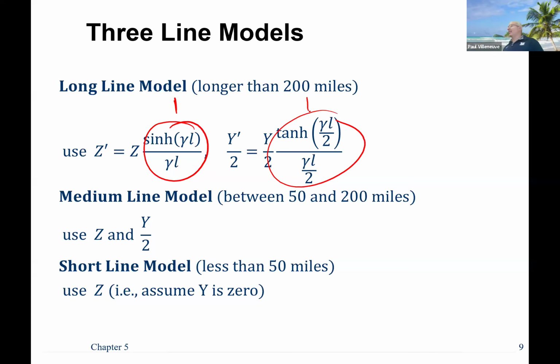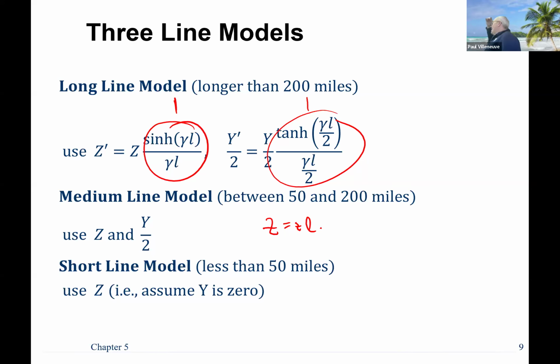So for a medium length line, my z prime is just equal to z, and z is equal to my lowercase z times the line length. So the ohms per unit length times the length. I don't need any hyperbolic sines or cosines to solve for z in the two-port parameter pi equivalent. And the same thing for y. I don't have any hyperbolic tangent in there. That's gone out because it's approximately 1 at an angle of 0.